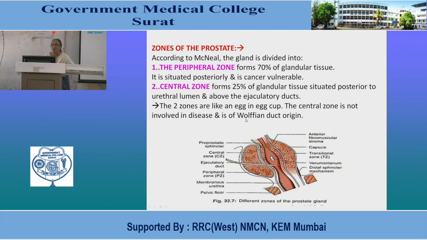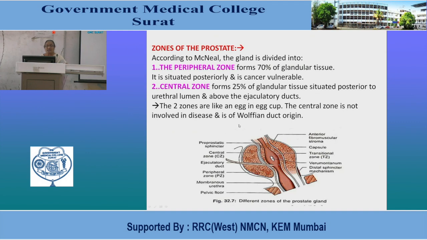Here you can see the transitional zone, and here you can see the central zone. The central zone forms about 25% of the glandular tissue, situated posterior to the urethral lumen and above the ejaculatory duct.